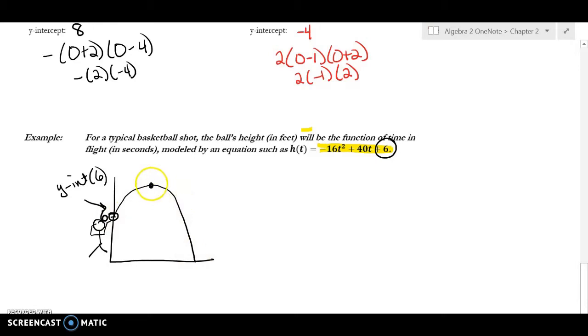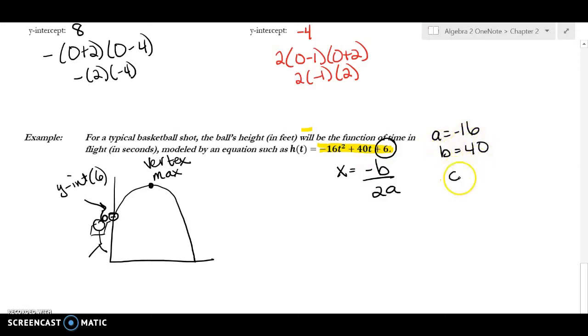The other point that you need to be able to find is this, which is the maximum point, which is also a vertex. So I'm going to have to do my vertex formula, negative b over 2a. I mean my axis of symmetry. So my a value is negative 16, my b value is 40, and my c value is 6.